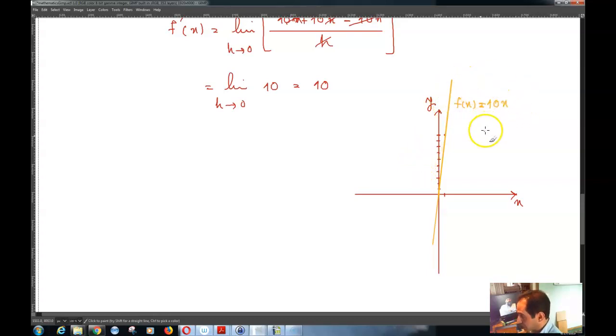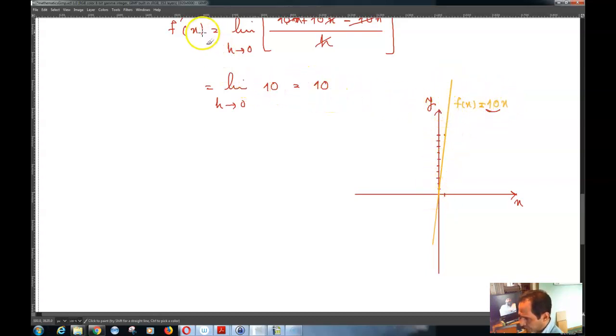What that means is that you can see that this is a straight line with a slope of 10. Since it's a straight line, between any two points on the line, if you calculate the slope, it is going to be equal to 10.